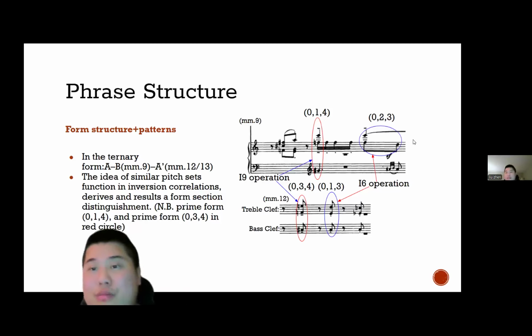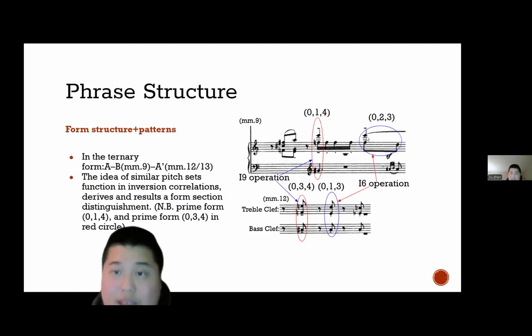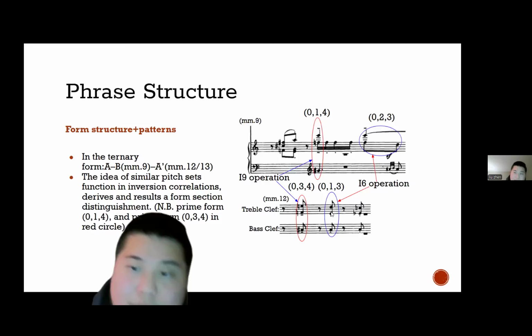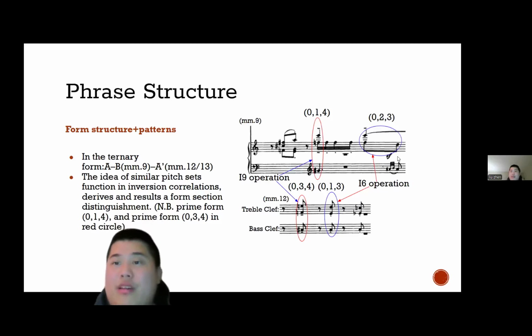Whereas if we proceed further, the notes in measure 9, as I circled in blue, are D, E, and F natural, whereas in measure 12, the notes are C sharp, D, and E natural. If we put the normal order together, we get the I6 operation, and starting from prime form 023 or 013, we get a trichord operation as well.